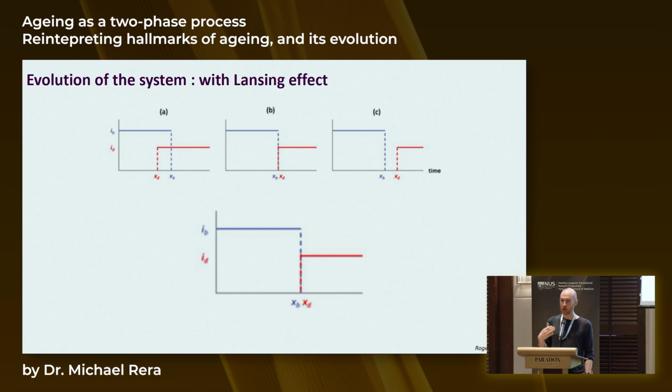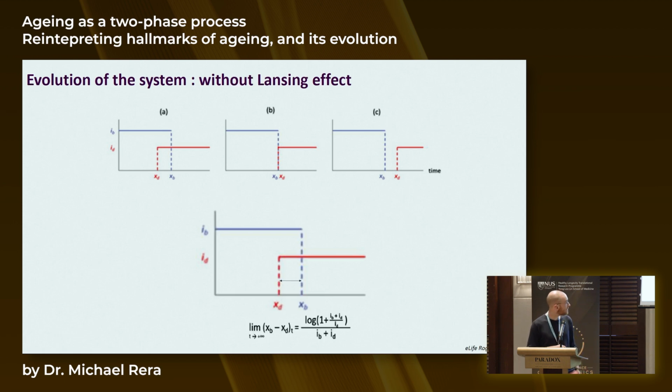The next question was, what happens if we remove this very strong constraint? And the surprise was even bigger, since we showed that a system that is reproducing and has some homeostasis maintenance will evolve towards this constant value here that is dependent on the intensity of these two genes.